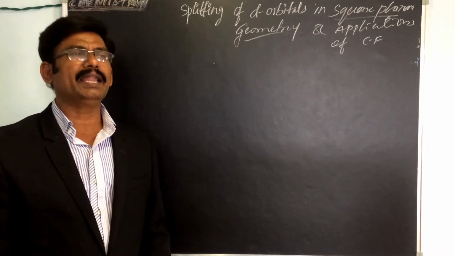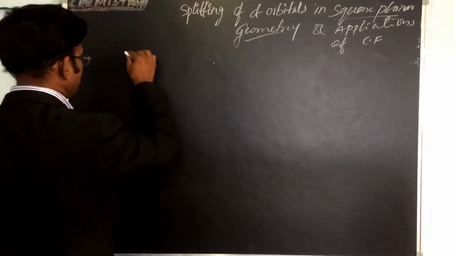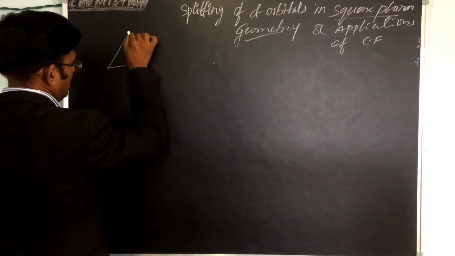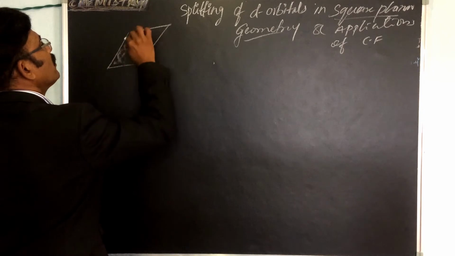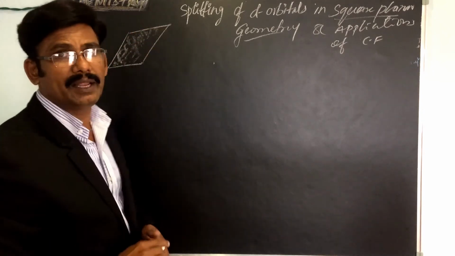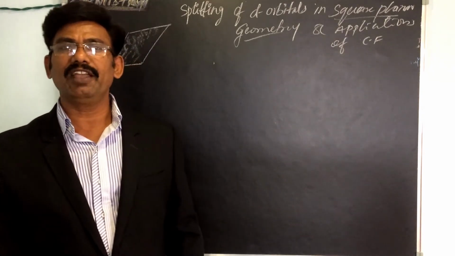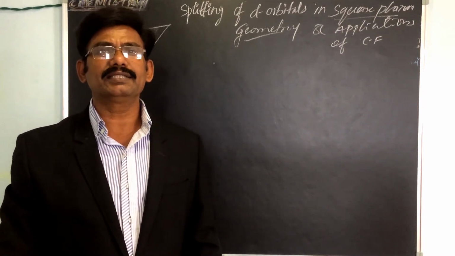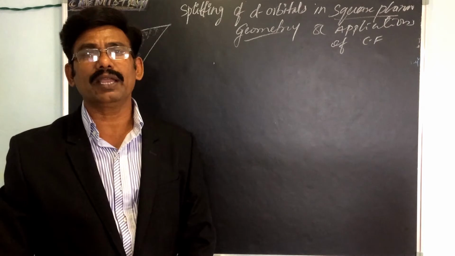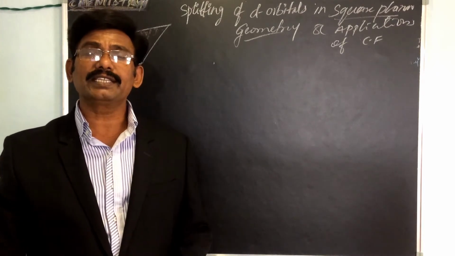Square planar means a plane like this. This is the square planar structure. So here it is a little bit different.